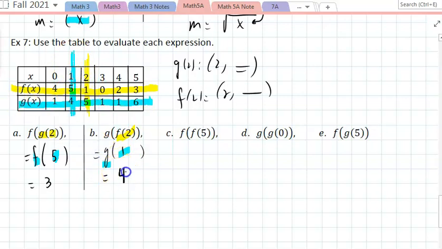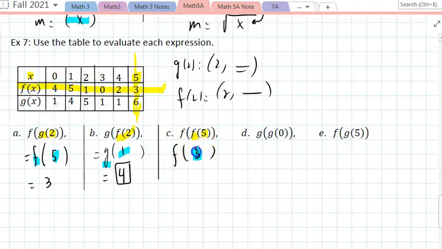That will be f. There it is. When I get to the next problem, this is f of, when x equal 5, what does f equal? That's a 3.